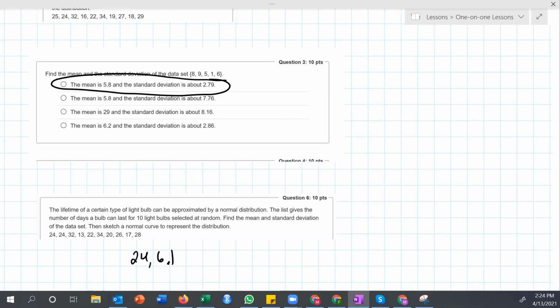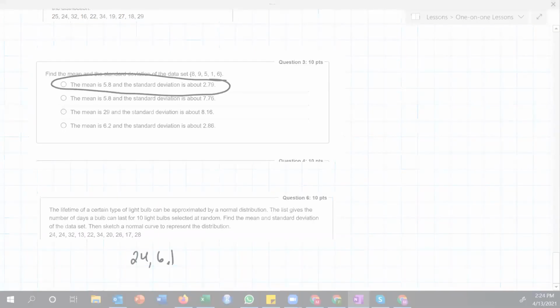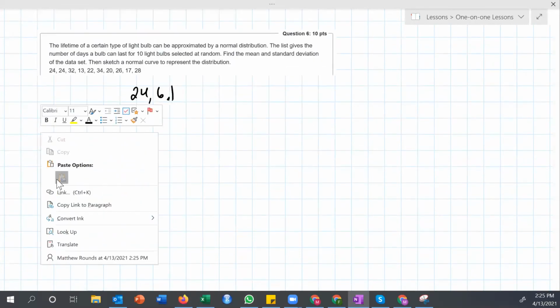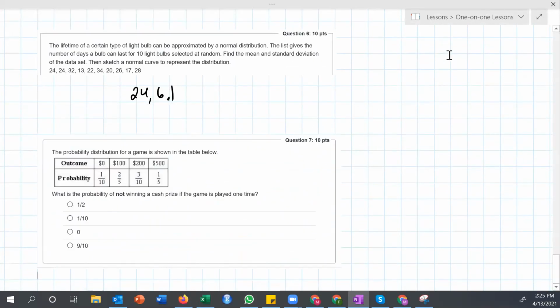Okay, so the next question we're going to do, we did one like this on the assignment just now. See if you can do this. It says not, so don't do the not, and then do a 1 minus. So get whatever you get, you're going to do a 1 minus here, and I'll be right back.